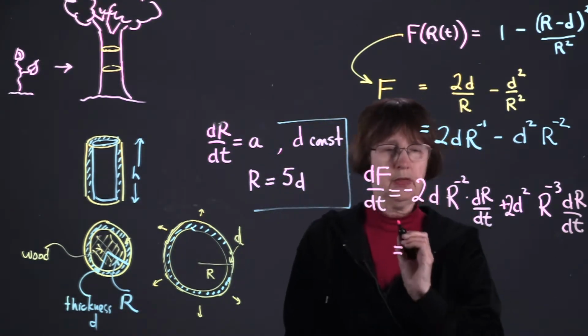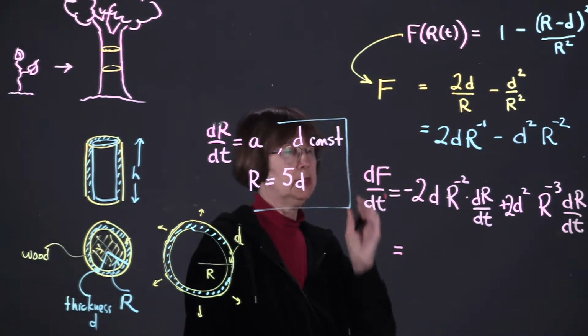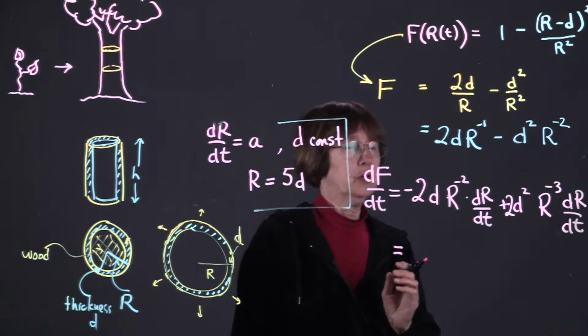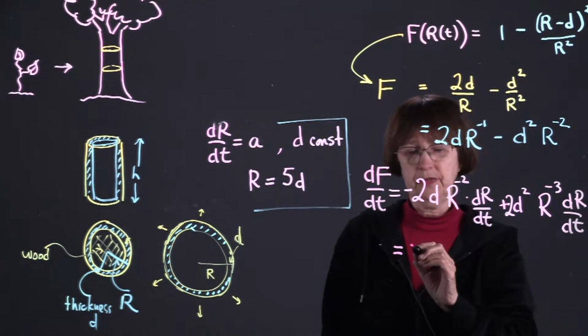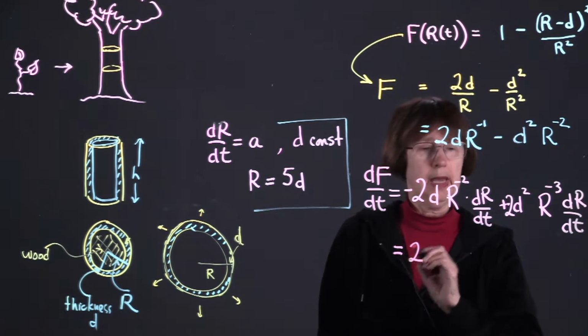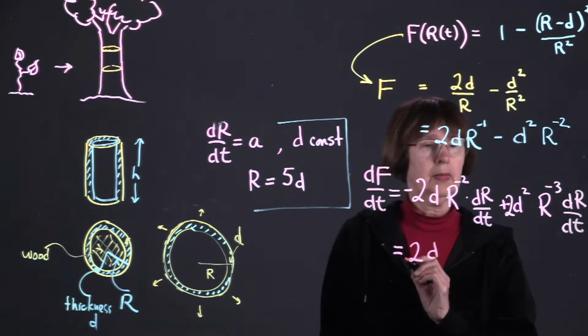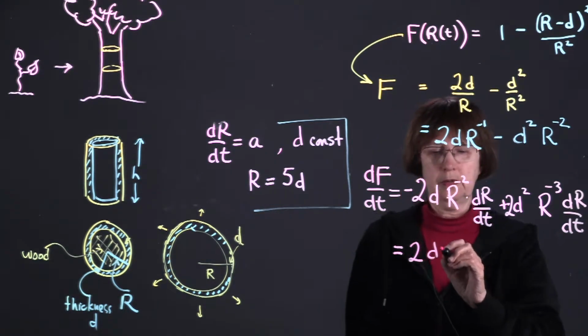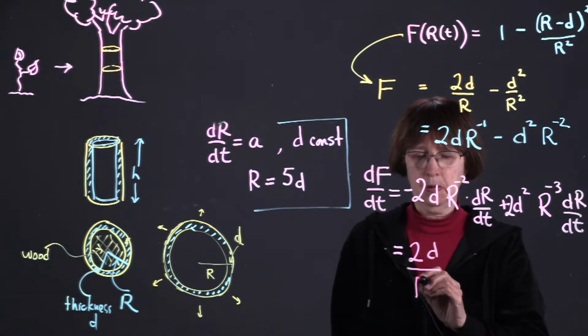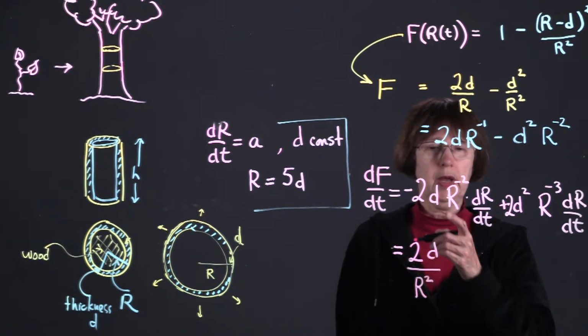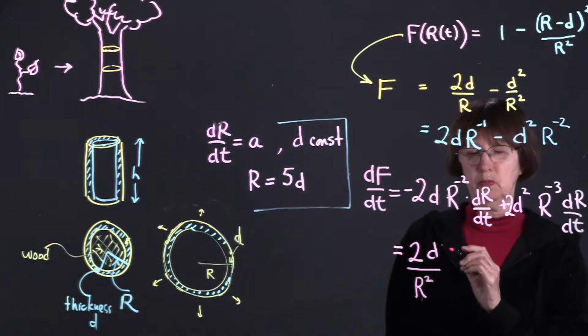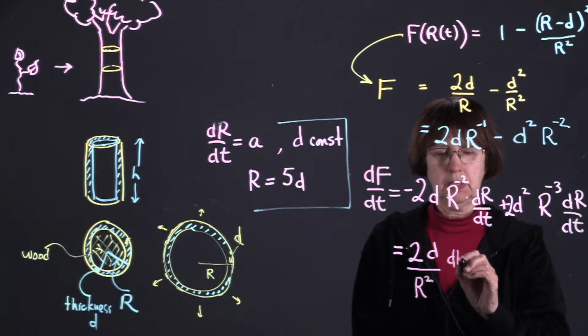Let's group together terms and take out a common factor. We see that there's a common factor of 2, a common factor of d, and a common factor of capital R squared that we can take out, as well as dR/dt.